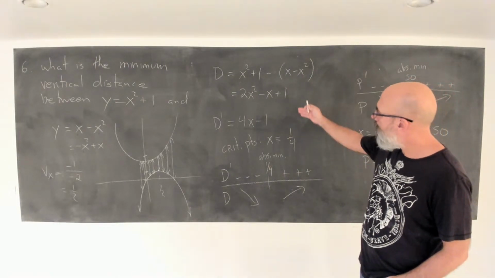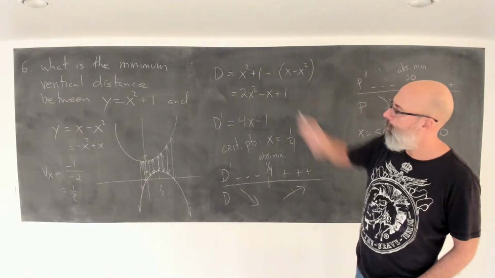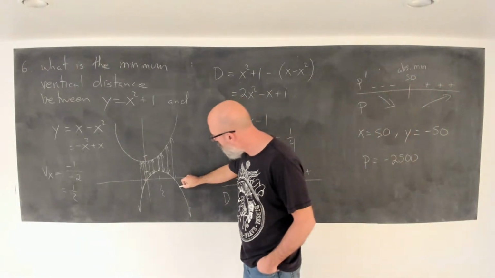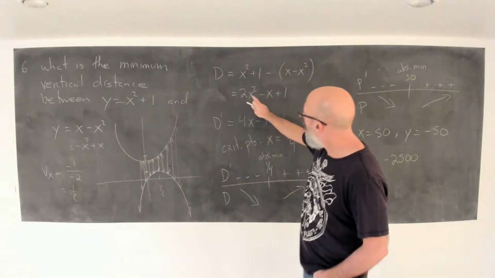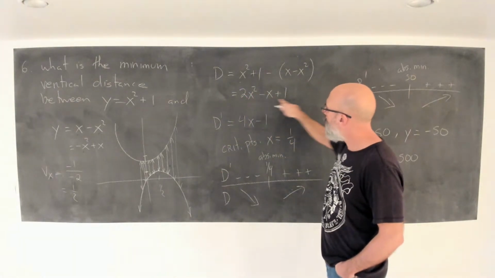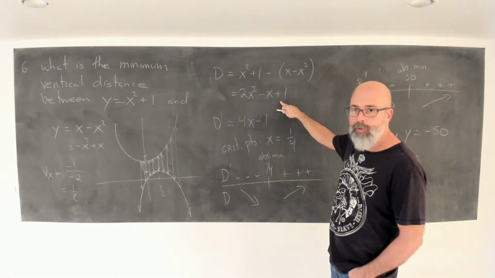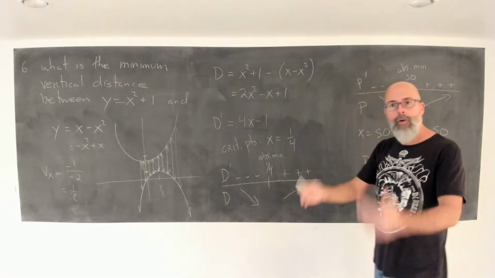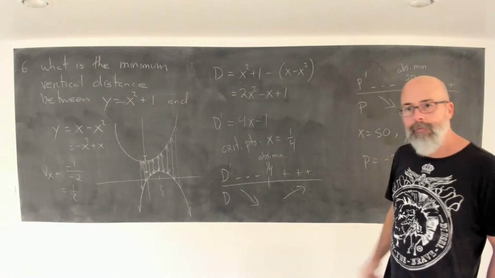Right? Suppose here that they had been asking for the maximum vertical distance. Well, it's easy to see that the distance is getting larger and larger. And as x goes to infinity, you can show with relative ease that this limit goes to infinity. And consequently, there is no maximum vertical distance.